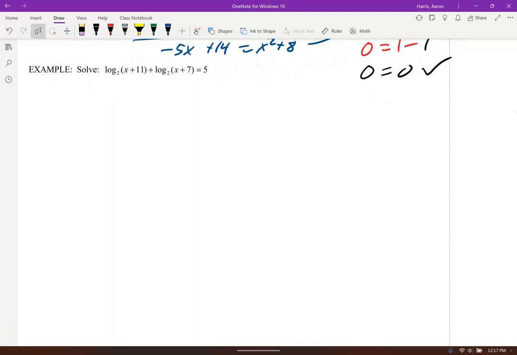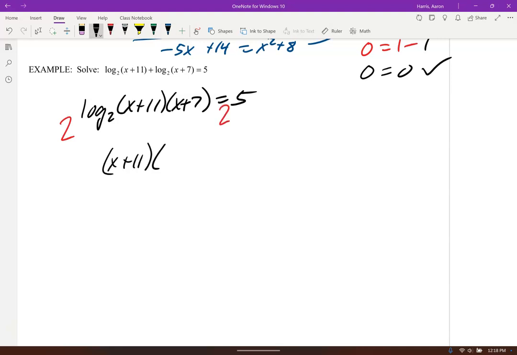All right, similar approach here with this one. I'm going to go ahead and condense these, and then I'm going to undo log base 2. Well, log base 2, I've got to go 2 to that side, 2 to that side. That'll undo it. 2 to the 5th is 32.